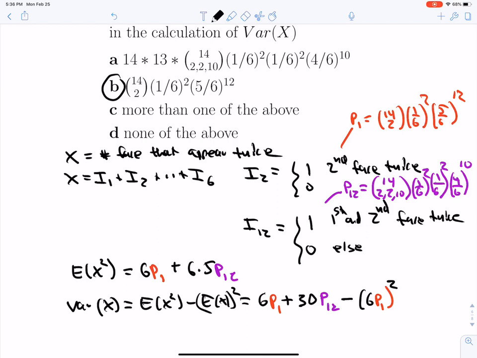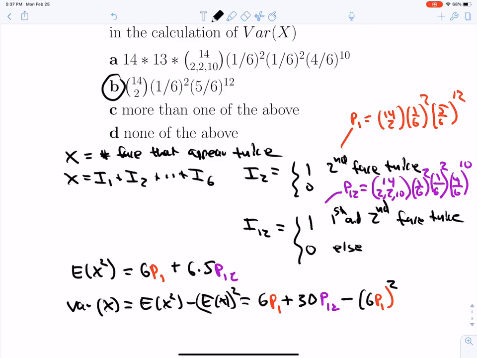So X is I1 to I6, and I2 is 1 if the second face appears twice, which has the probability given by the binomial formula, and I1, 2 is the probability that the first and second face occur twice, which is given by this multinomial formula.